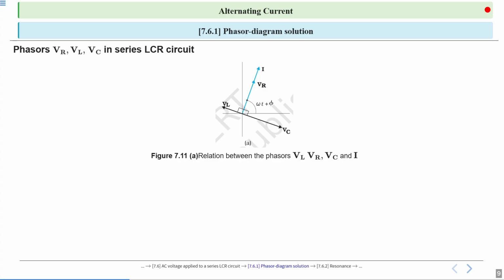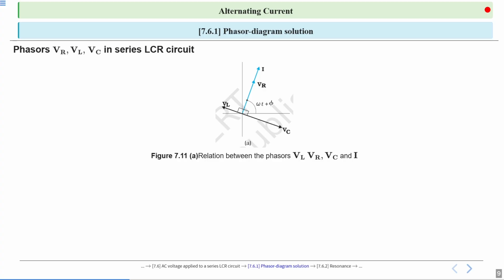You can see figure 7.11a, the relation between phasors VL, VR, VC and I. The current has the same amplitude and phase across all the components, so it is shown by this I. These two arrows: one is for current, one is for VR. Now we are going to use the concept of the separate pure circuits that we discussed in the previous lectures.